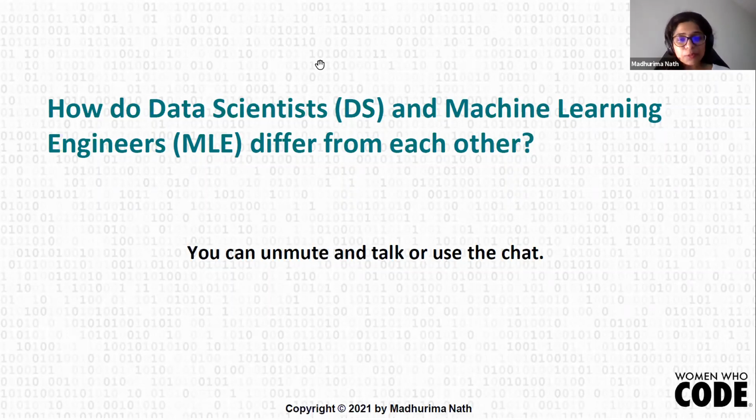Yes, it is very much possible that in some roles, a data scientist will be doing the task of data engineering and vice versa. So it's not like there is a clear distinction, but I'll go through who does more of what, and what kind of skills you would need if you want to be an expert in machine learning engineering versus a data scientist.